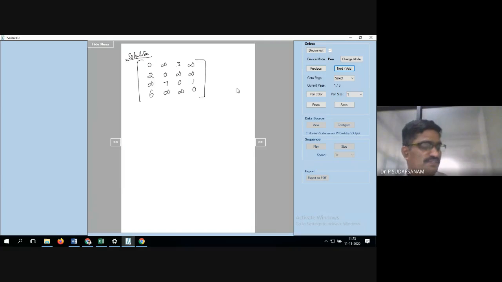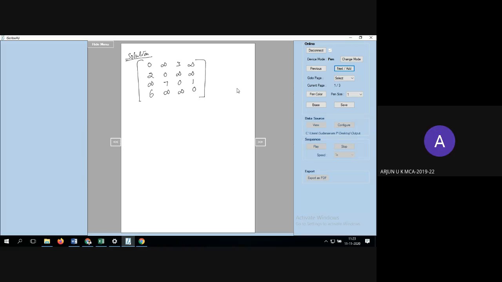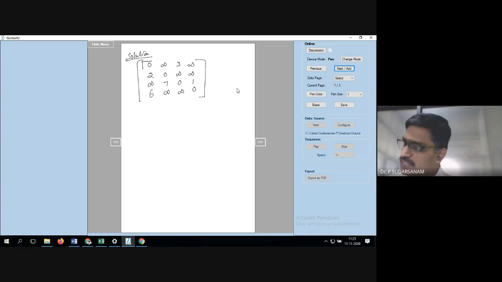Visible neatly? Yes, sir. So now, selected first row, selected first column. When you are doing this, the first row and first column you are supposed to write as it is, because the selected row and selected column values will not be changing.